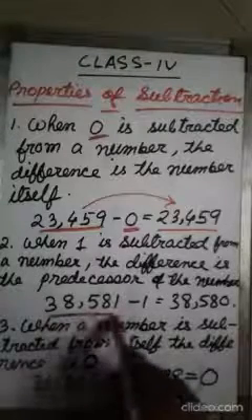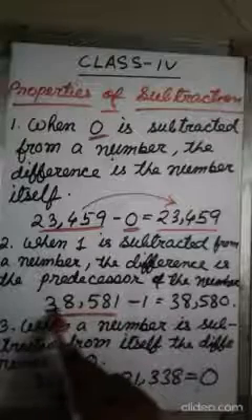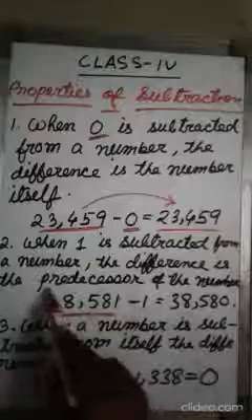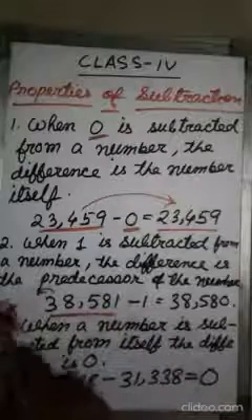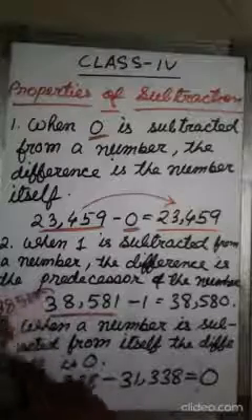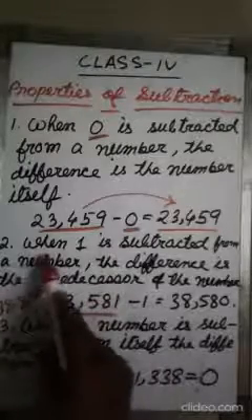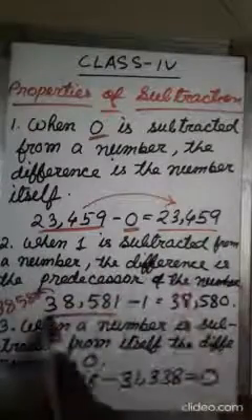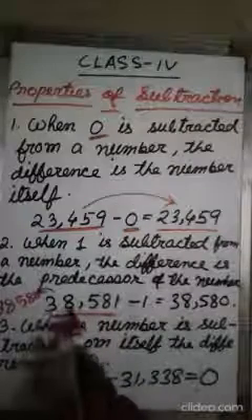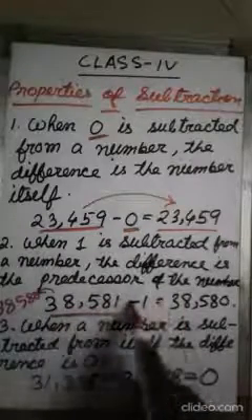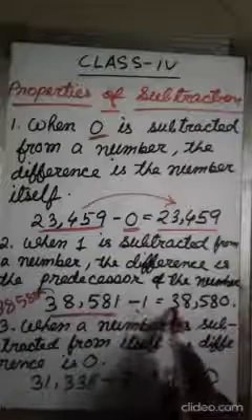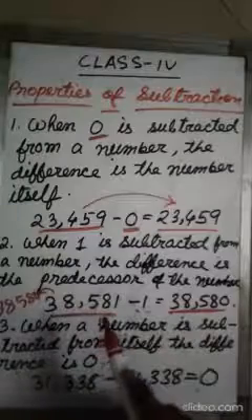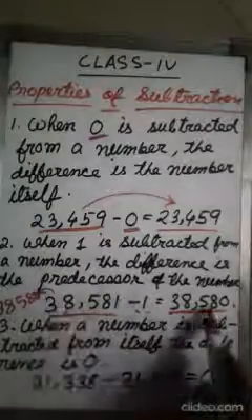That means for this number 38,581, the predecessor is the number which comes before it. That means 38,580. When 1 is subtracted from 38,581, the result I get is the predecessor of the number.